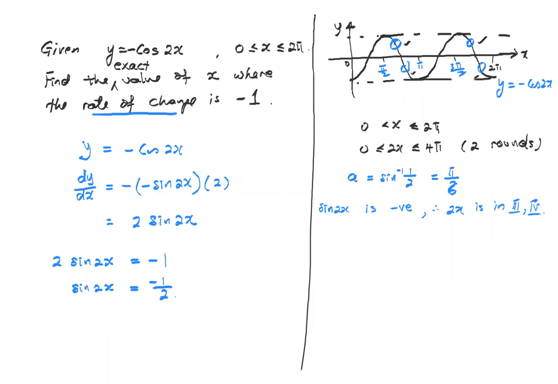Third quadrant: your 2x is equal to pi plus the acute angle. 1 plus 1 over 6 is 7 over 6. So your first x is 7 pi by 12.